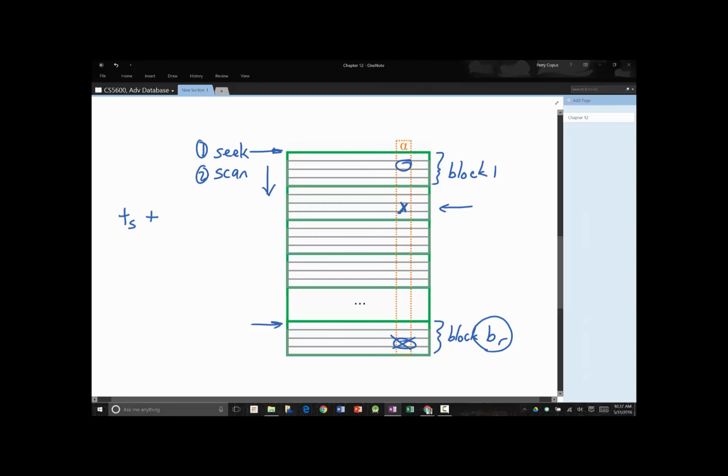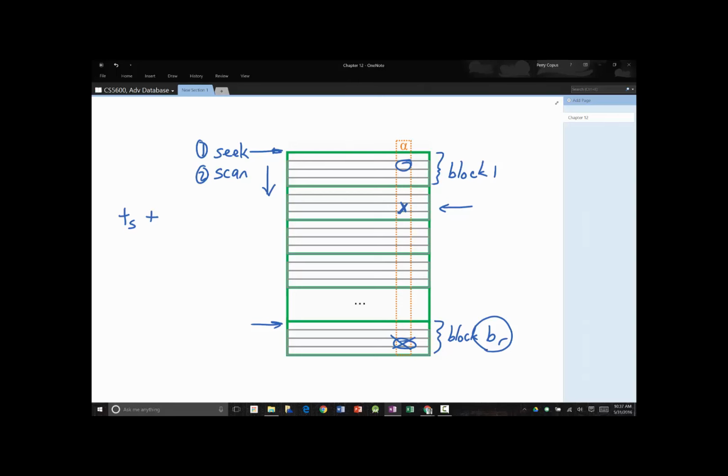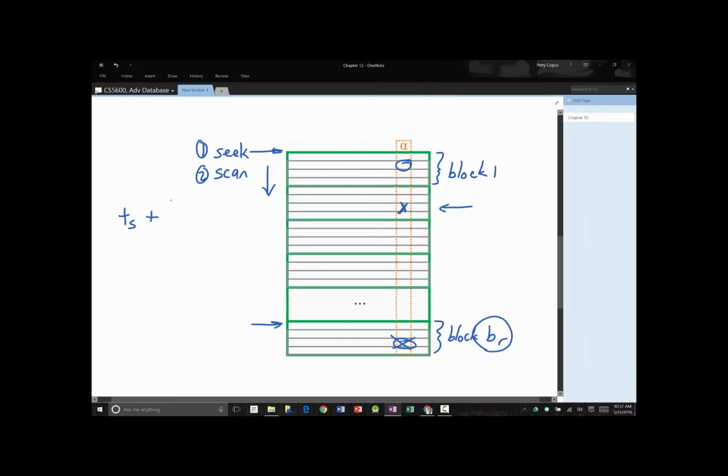So in the mean or average case, we'll get about halfway through the table and we'll find it. So we have the time to seek plus the time to transfer b sub r blocks. What is that? That's b sub r times t sub t, but divided by 2. Why divided by 2? Because on average, you will scan about half the table before you find it.